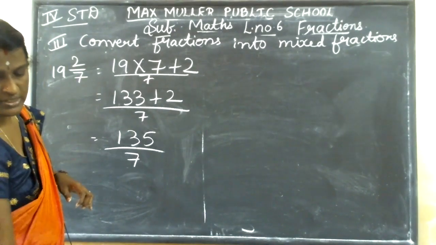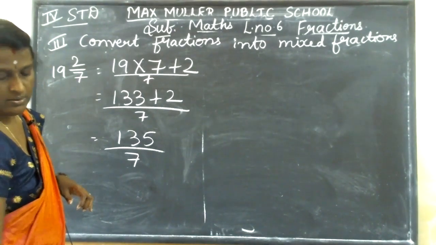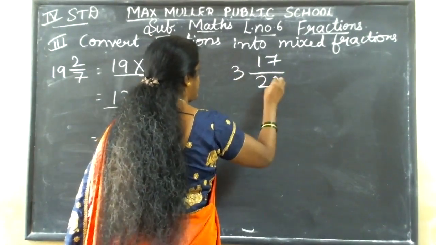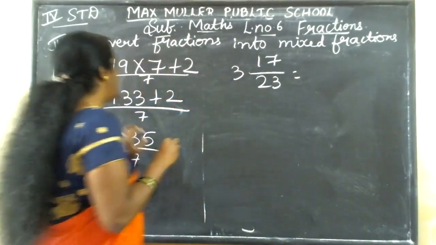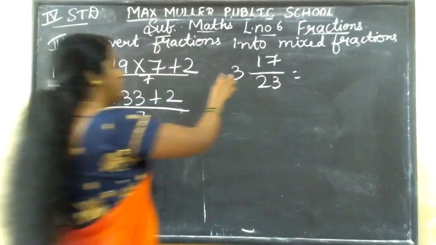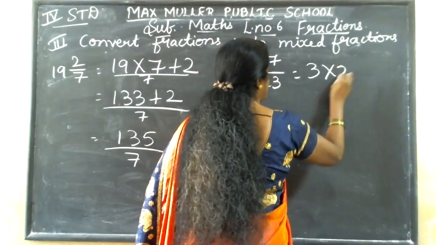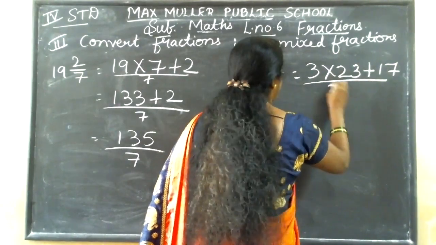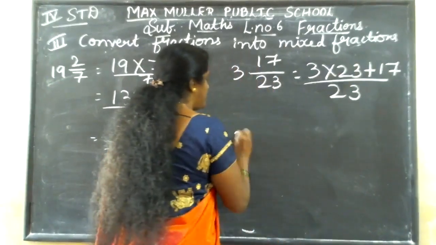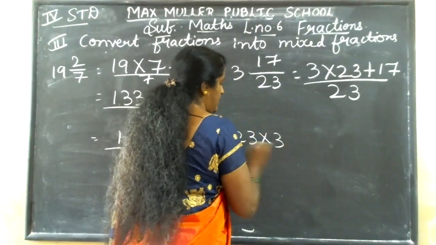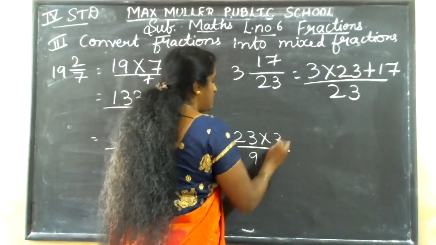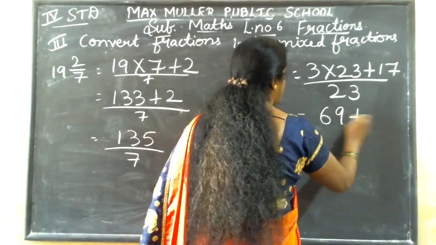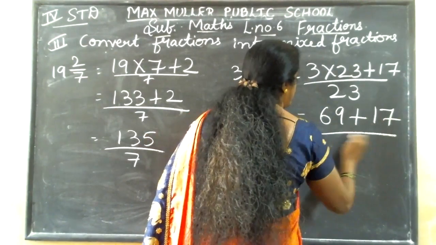So the next question is 17 by 23, a mixed number. So what you will do, see, like 19 into 7, here 3 into 23 plus 17 by 23. You don't know the 23 table, so 23 threes are: 3 threes are 9, 3 twos are 6, 69. 69 plus 17.